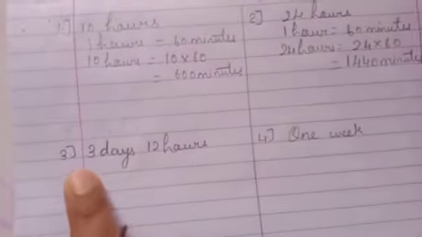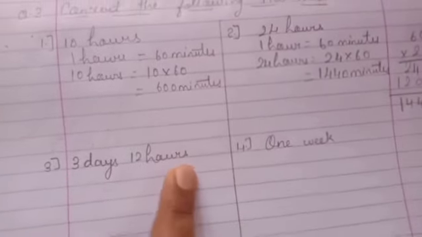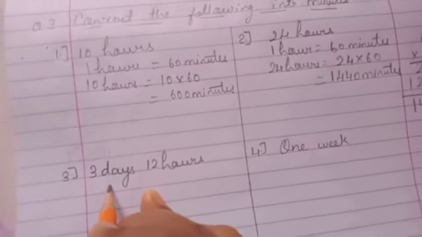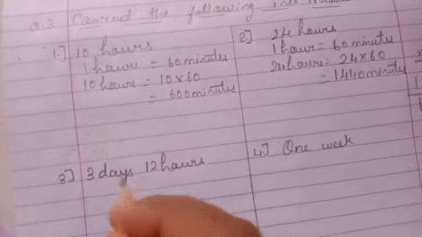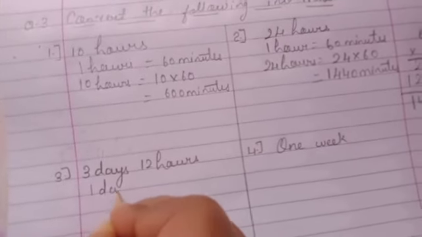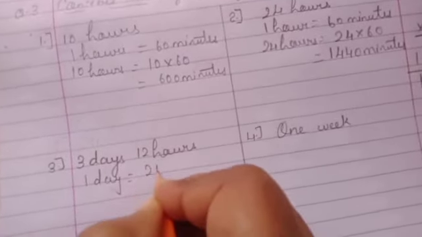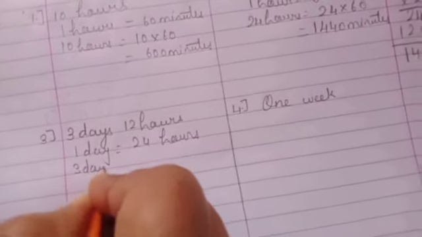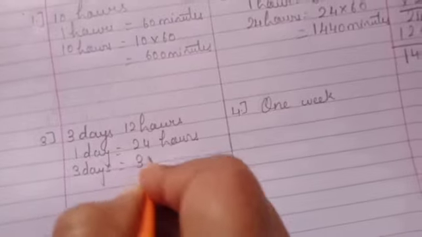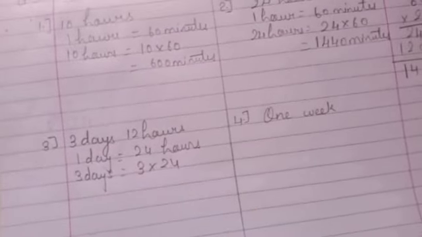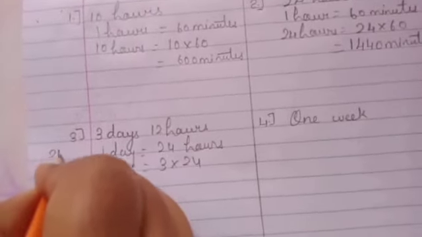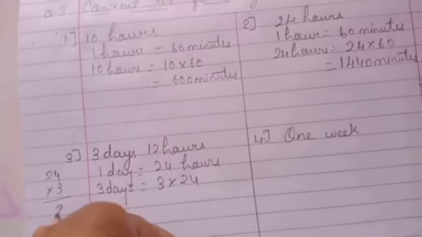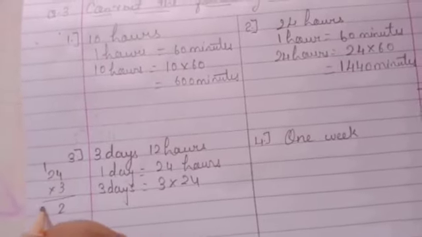Now number 3, 3 days 12 hours. First, days is there, so days we have to convert into hours. 1 day equal to how many hours? 24 hours. We are having 3 days. So 3 days equal to 3 multiplied by 24. 3 fours are 12. 3 twos are 6. 6 plus 1, 7.